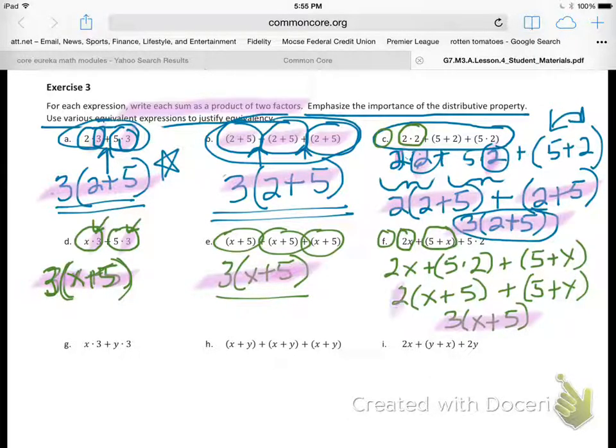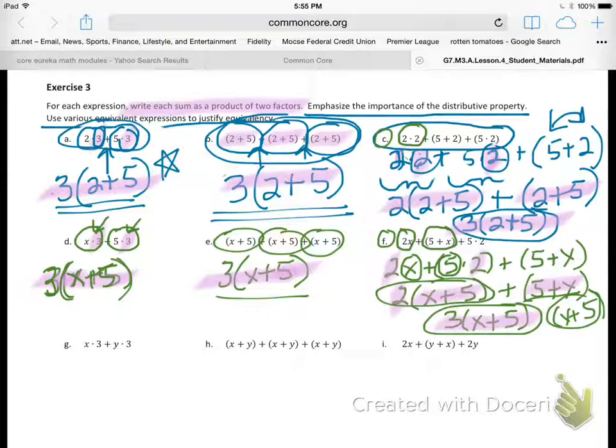And so that factored out this way, 2 times x plus 5, all right? Because we had the 2 here and the 2 here, and then they have the x, and then the 5 to add in the parentheses. The 5 plus x did the same, but I just changed the order of that 5 plus x because it is the same as x plus 5, and then if I added this x plus 5 plus these 2 others, I would get 3 of those. And there we go, 3 times x plus 5.